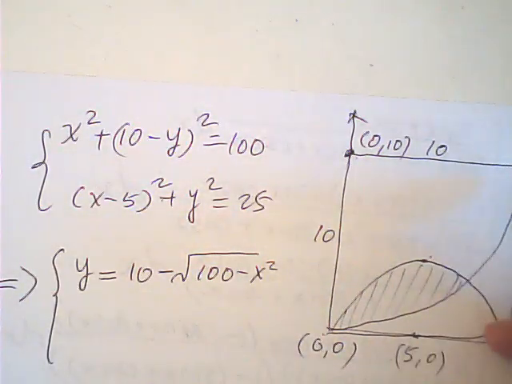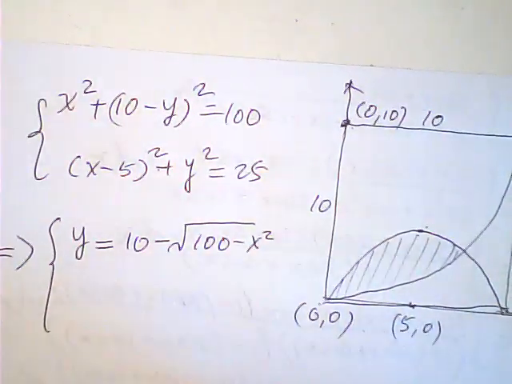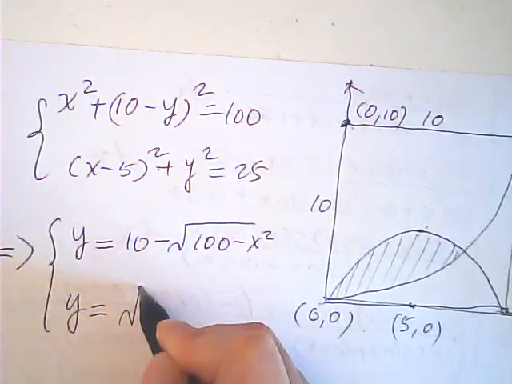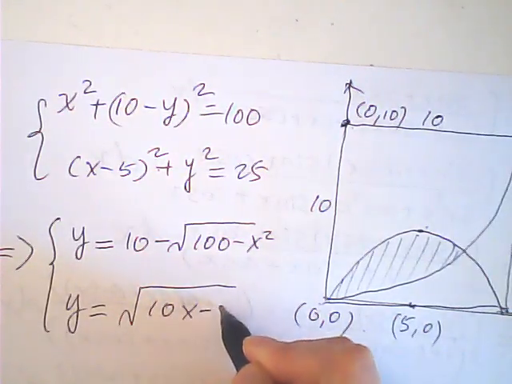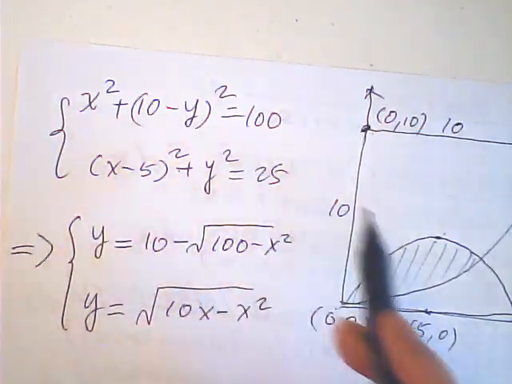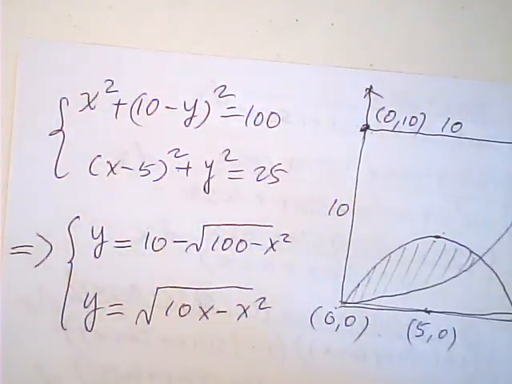But since this curve is below y equal to 10, we take the negative. Similarly, for this one y is equal to the square root of 10x minus x squared. This equation is from this, and y is positive, above the axis.